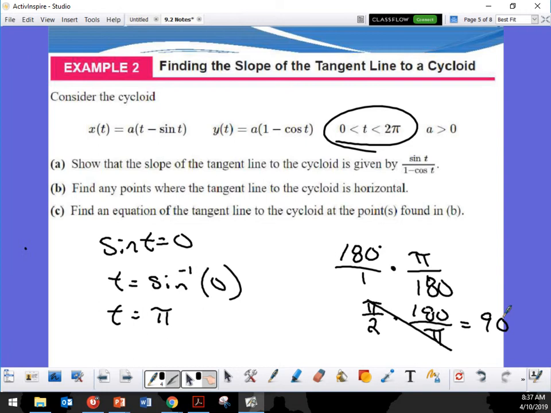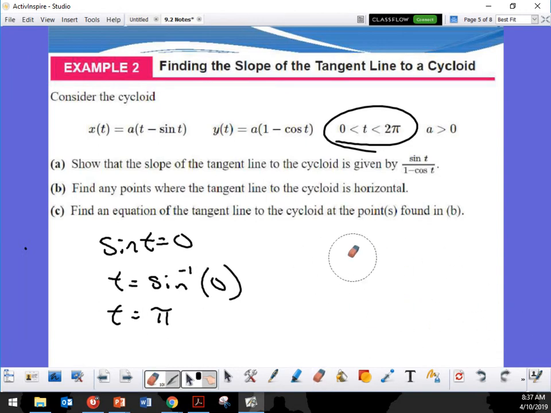Anyway, so we get sine is pi, right? So is there any other places? Okay, so what has to happen for it to be horizontal? dx/dt can't be 0. So let me see, what is 1 minus cosine of pi?